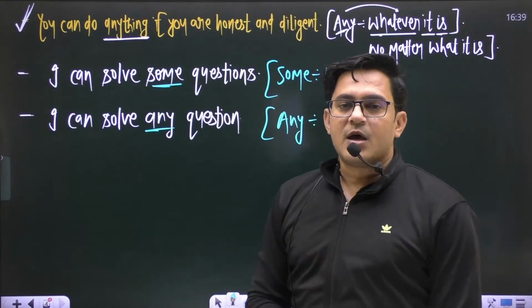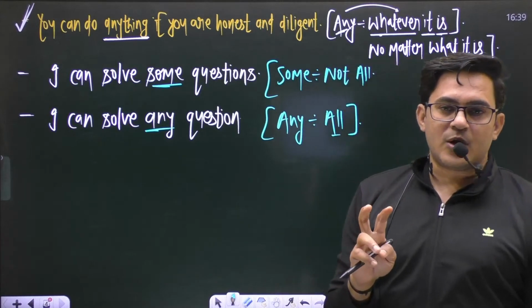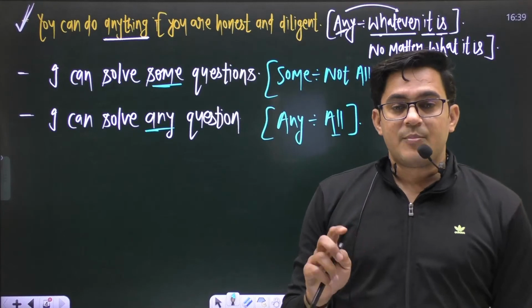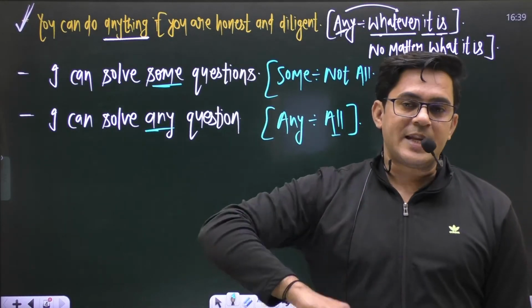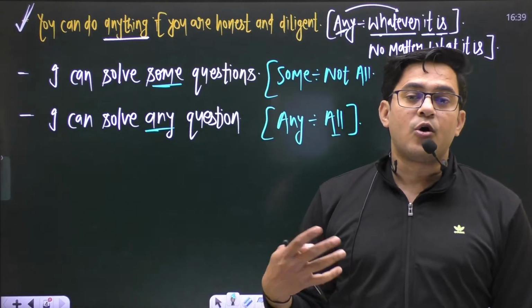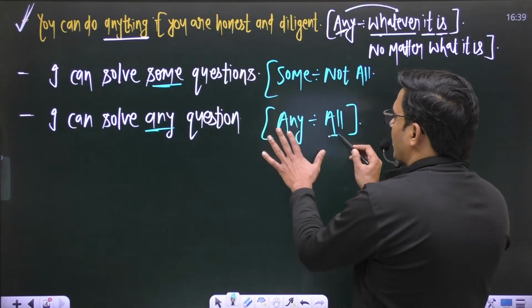When I'm saying I can solve some questions, it means I can solve not all questions. Some means not all. But if you say I can solve any question, it means I can solve all questions.